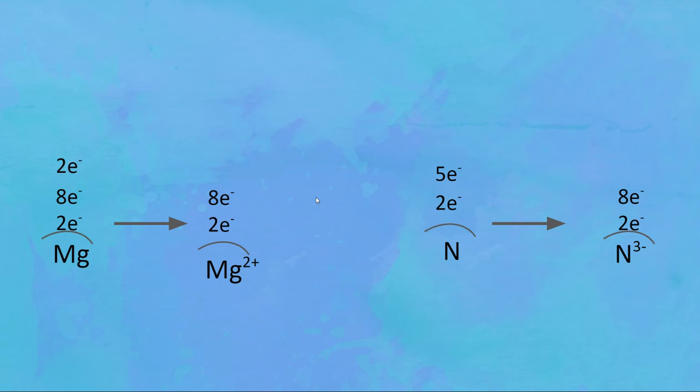So what ends up happening is nitrogen takes on 3 electrons, but in doing so, it changes its balance again. It's no longer neutral. It now has 3 extra negatives. So now it is 3 negative. So that is how you draw energy levels for ionization.